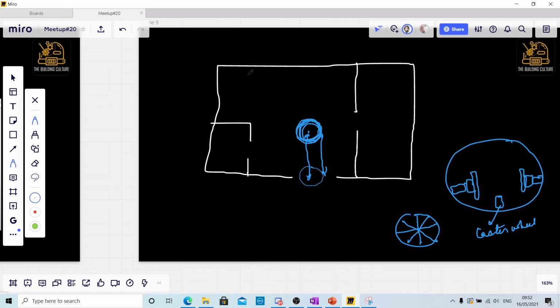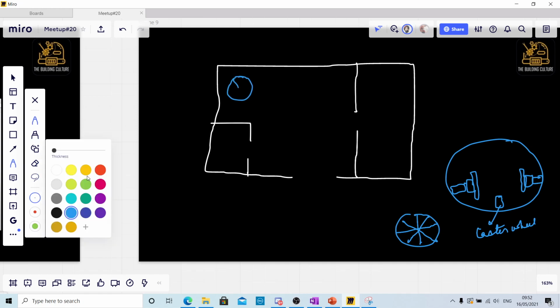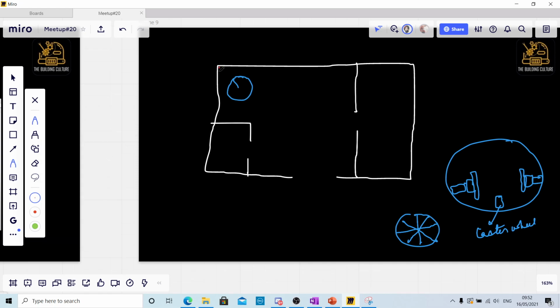So initially, let's start with a corner to give an idea about how this might work. Maybe the robot is facing the corner, something like this, and there's this lidar reading.